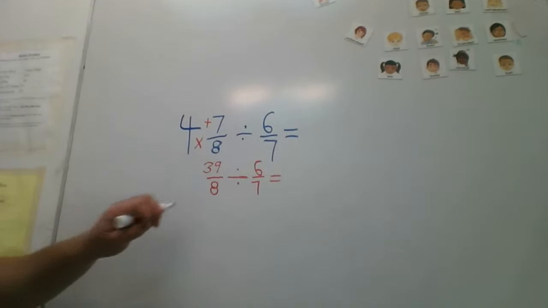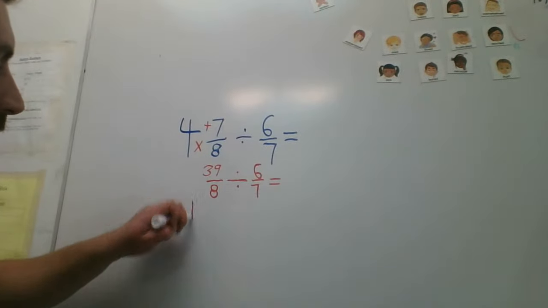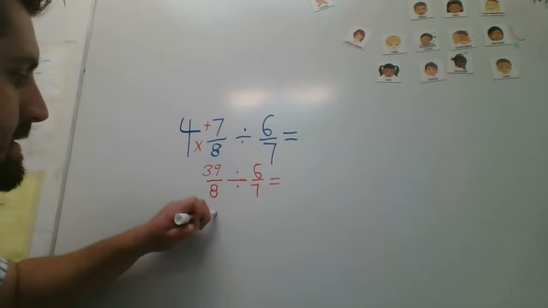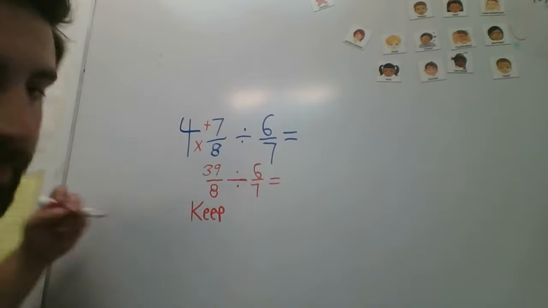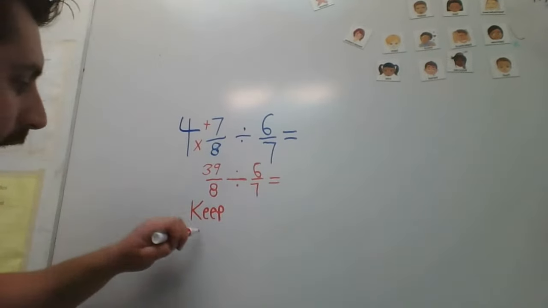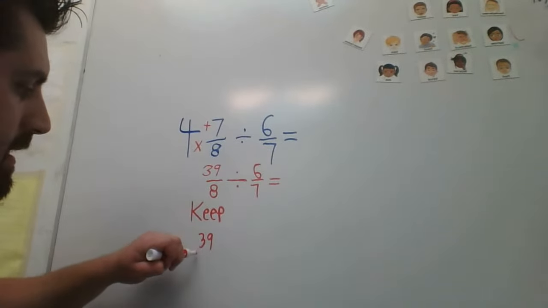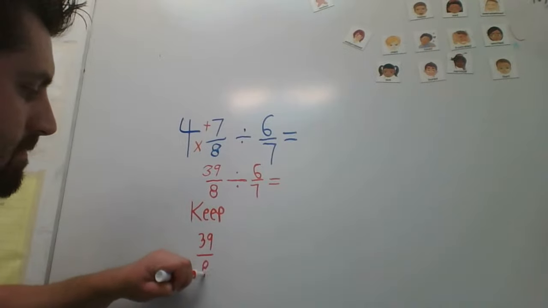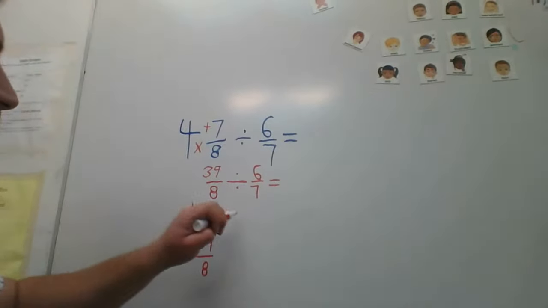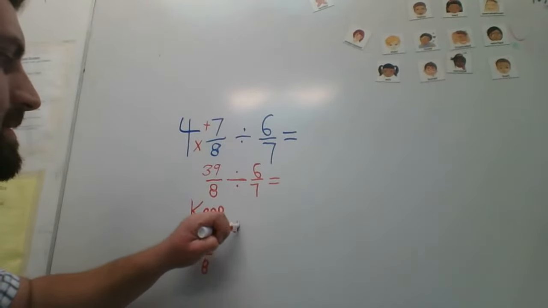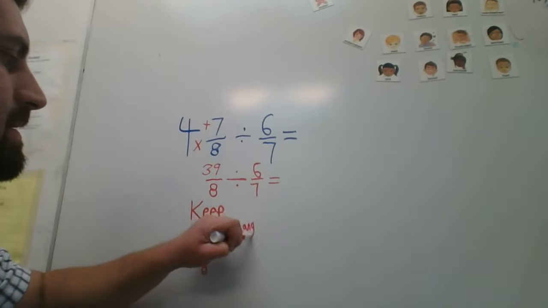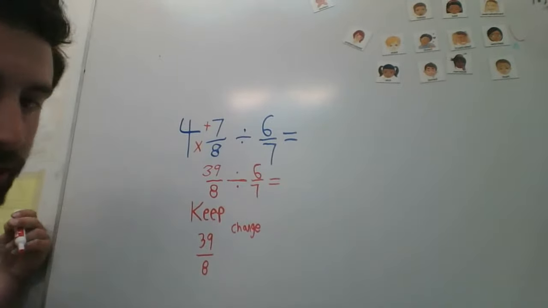So now here's where keep, change, flip comes in. Keep. We are keeping 39 eighths the same. Change.